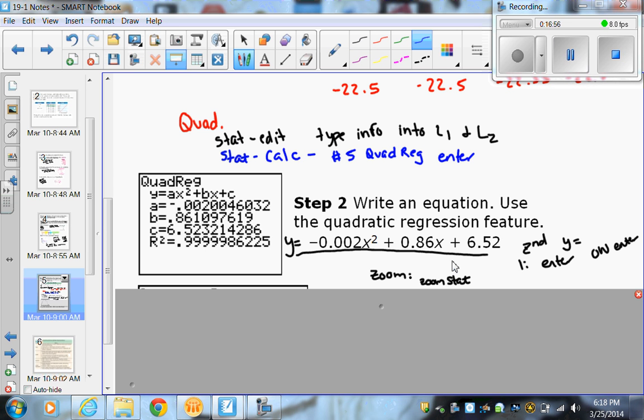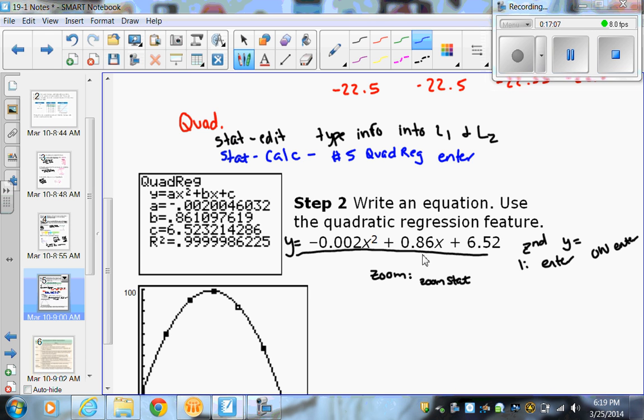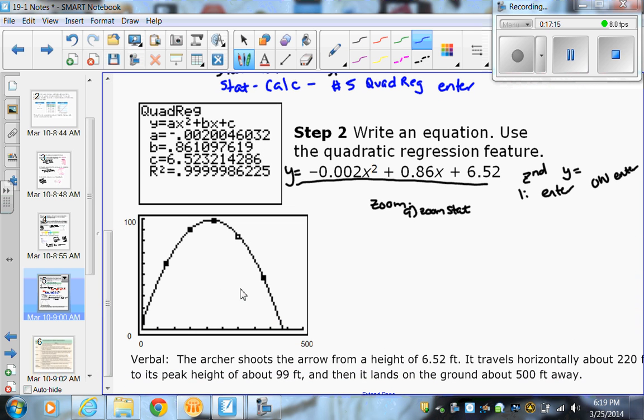That'll allow you to see your points along with your actual equation, your graph, your line, your quadratic. Which looks like it is option number 9. Says zoom stat. So then your graph should look something like this. You should have your points along with the actual equation that you typed in.